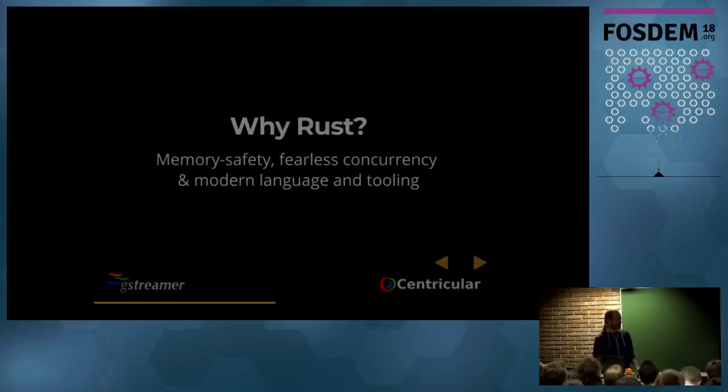And using Rust could make everything much more convenient to use. And ideally, it would also allow us to find new developers interested in using or developing for GStreamer, because new developers, they want to have fancy tools. They don't want to learn this weird C and GObject stuff. They want something modern.